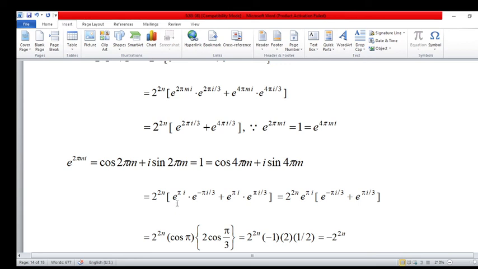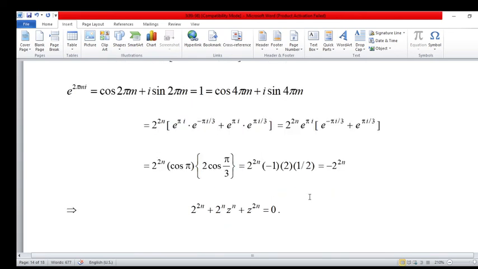Again e raised to the power pi i, this is 2 pi by 3, pi minus pi by 3, means e raised to the power pi i into e raised to the power minus pi i by 3, and e raised to the power pi i, and e raised to the power pi i by 3. So again e raised to the power pi i means this type: cos pi plus i sin pi, sin pi is 0, cos pi is 1. Again this is equal to 1, this and this equal to 1.